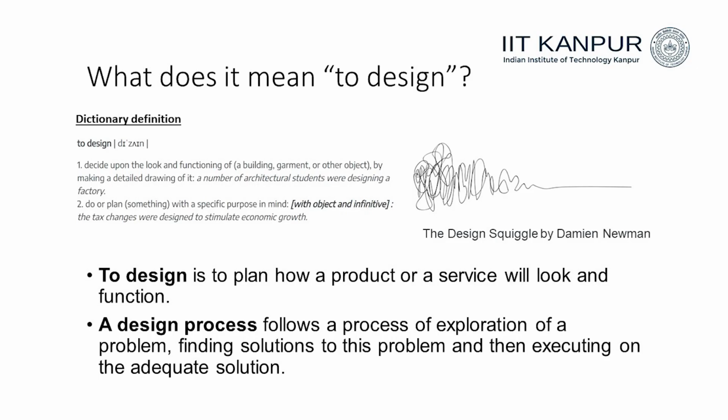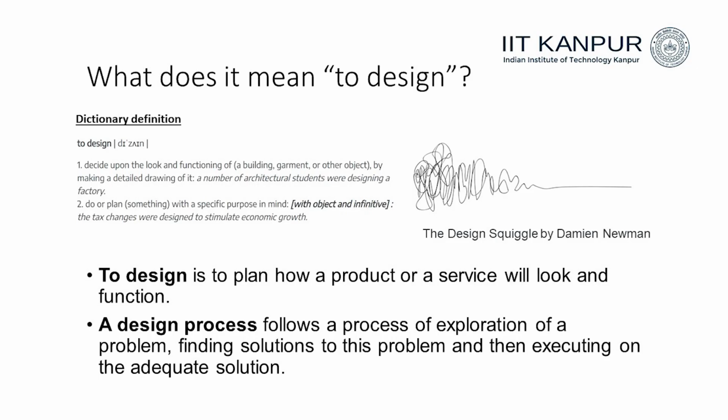So to design is to plan how a product or service will look and function. How a product, could also be a service, how will it look and function. And there is a process involved in designing, it's called the design process. It follows the process of exploration of the problem, finding solutions to this problem, and then executing on the adequate solution. So you explore the problem, you find out what that problem is all about in the first place.